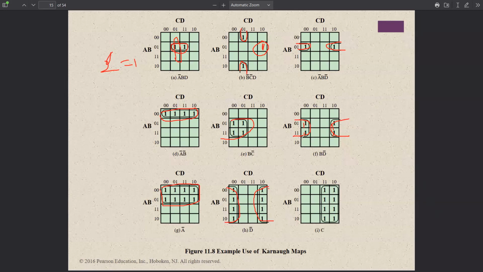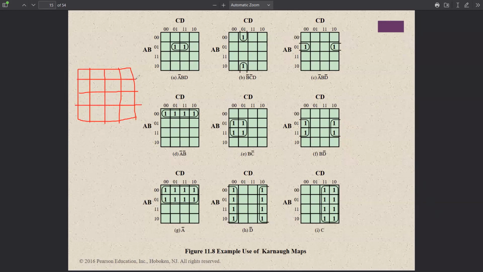Corner grouping, yeah, I will explain that with a nice example. So let me clear all this. Consider this one, right? Let's change the color. So there are ones here, here, here, and here.